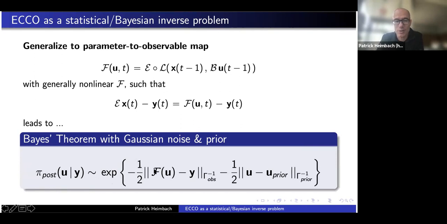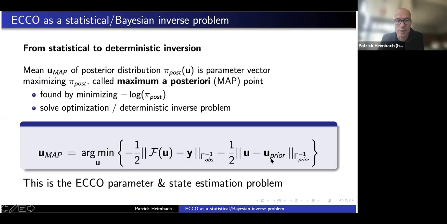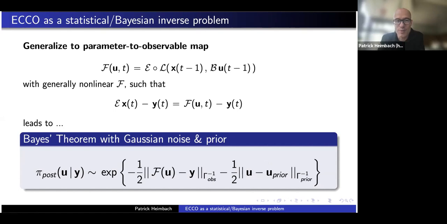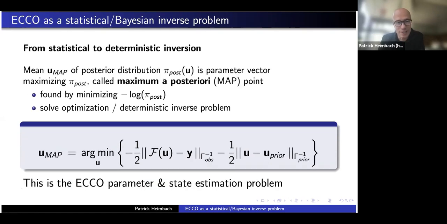a multidimensional Gaussian distribution with what you see here, the misfit to the observations, and then a term representing the prior. And now this is where we're transitioning from a statistical inverse problem to the deterministic inversion, right? So under all of these assumptions, where also the posterior is assumed to be Gaussian, we can now formulate this as a minimization problem where we seek the maximum a posteriori point, or the MAP point.